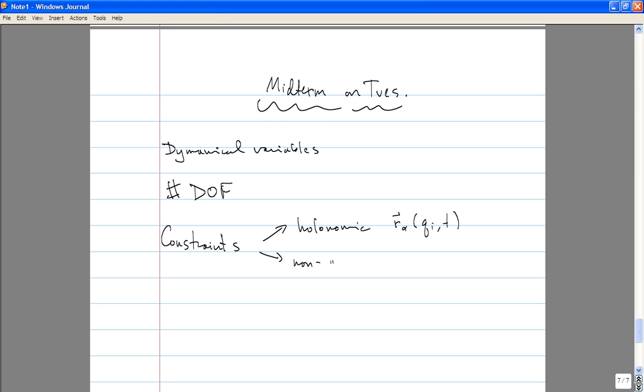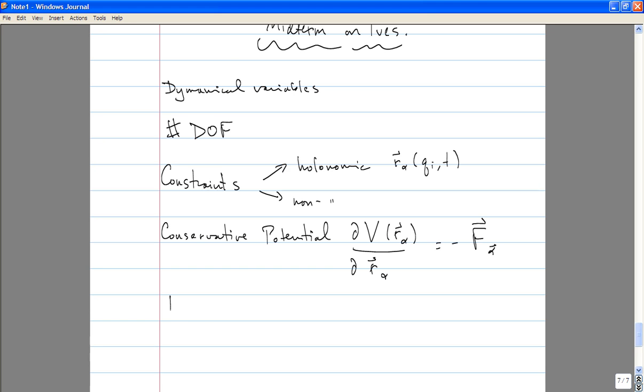And the nice thing about the Lagrangian method is that if you have a system with holonomic constraints along with a conservative potential, namely one where there is a potential such that the force in the r alpha direction is given by minus the derivative of the potential, then in such a case, one can construct a Lagrangian, which is the difference of the kinetic and potential energies.